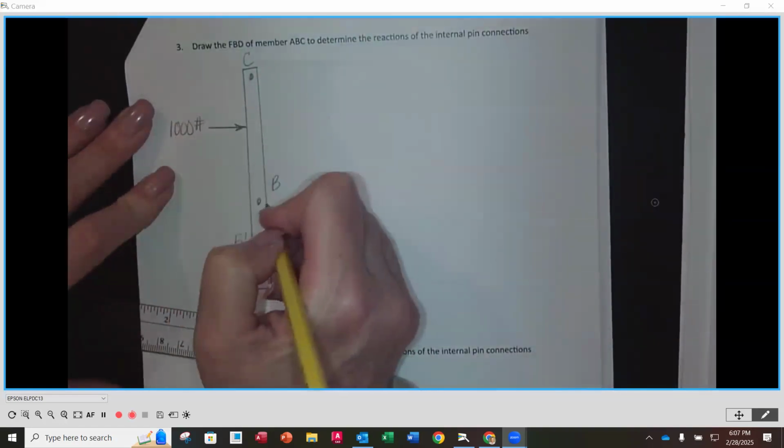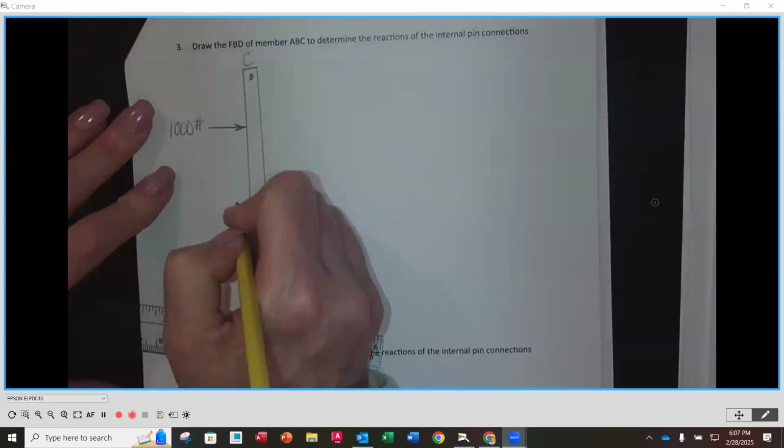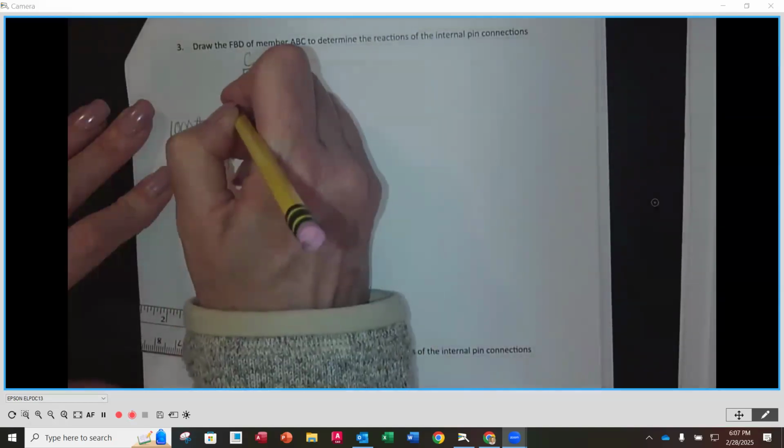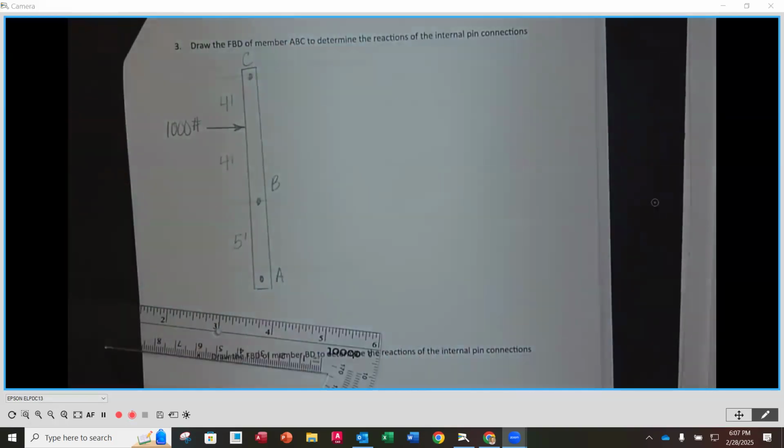Between B, I'm going to draw a little line here. This is going to be 4 feet and then 4 feet up to C.